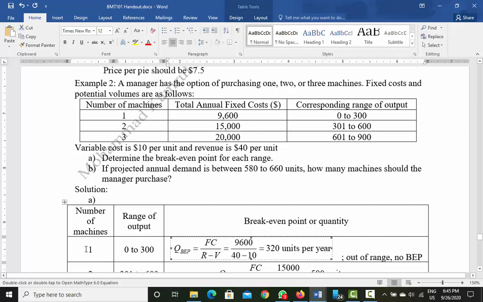But if the manager purchases only one machine, maximum production per year will be 300.